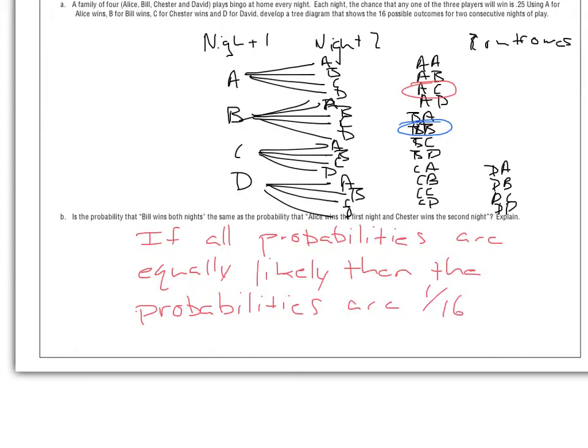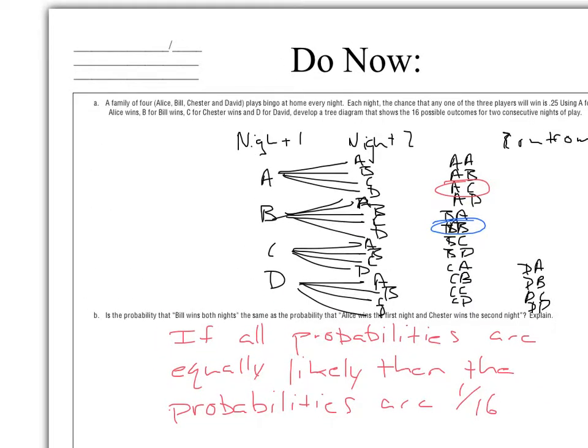So we learned yesterday that we don't have to go through and do the calculations, because we know that all of the outcomes for each individual night are equivalent. They're all equal to 0.25. So that helps us out with that.